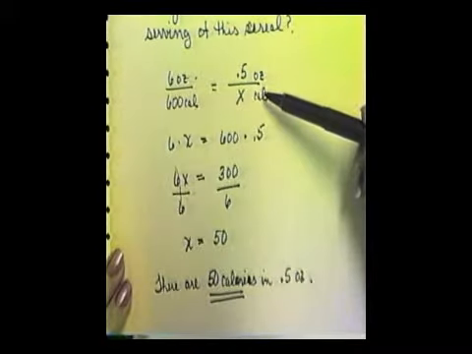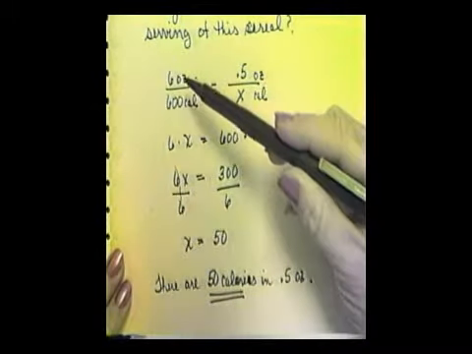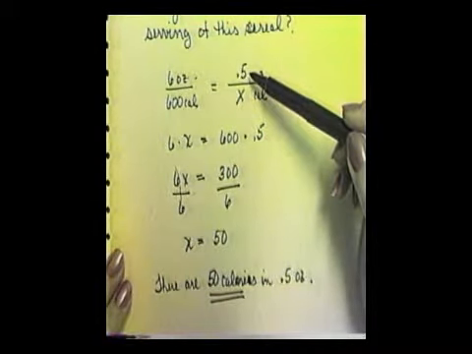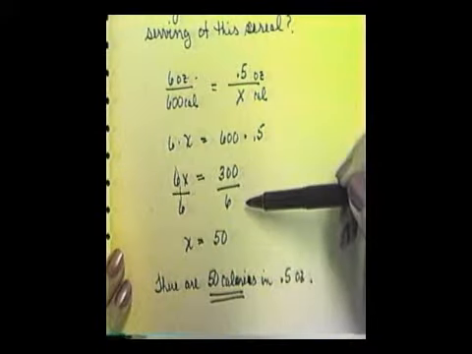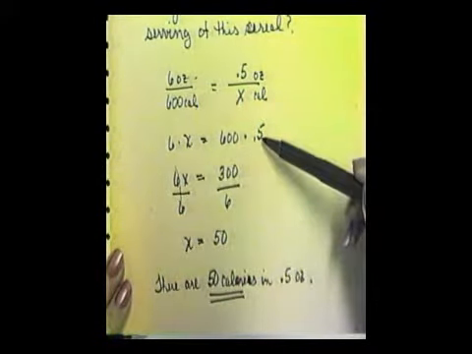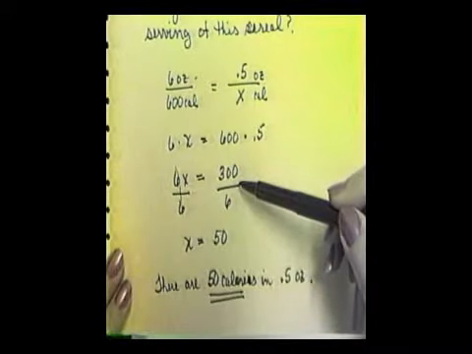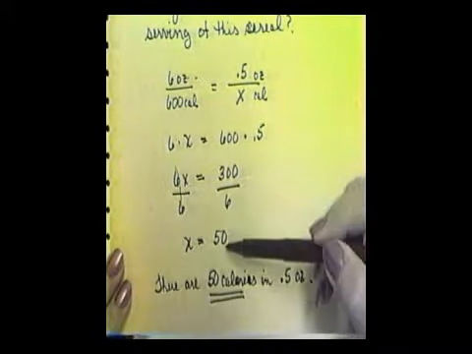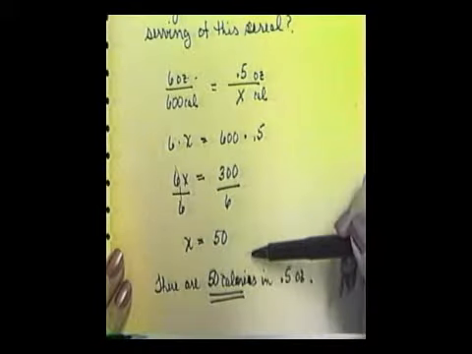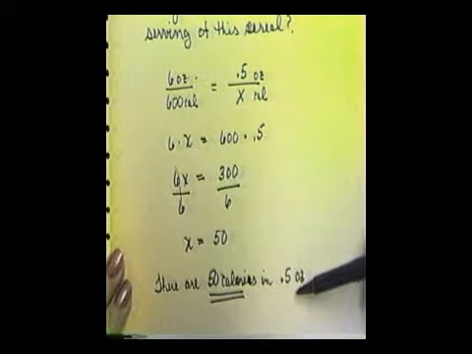Once we have our proportion set up, then we cross multiply. We go back to remembering how to solve a proportion. And once we do the arithmetic from there, we multiply and then divide both sides by the number with the unknown, and we get our answer. So in this one, there are 50 calories in 0.5 of an ounce.